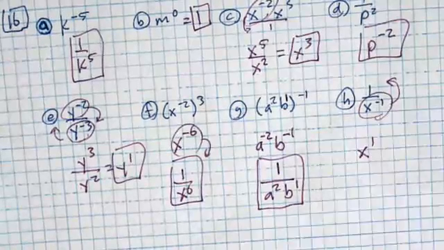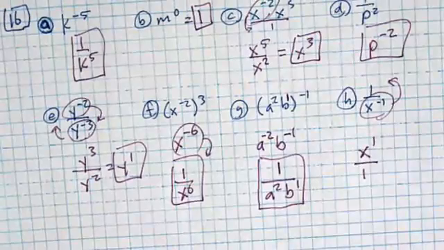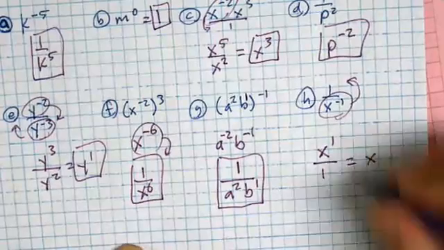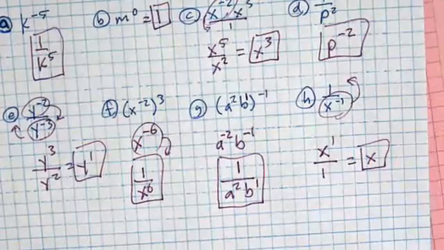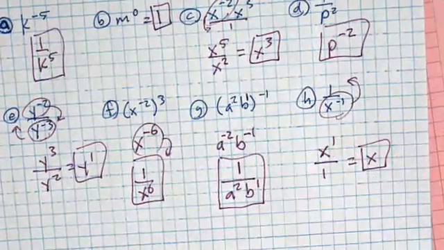There's nothing left on the bottom. We could write a 1 on the bottom, but we don't really need it. x to the 1 is just x. So the final answer would just be x. If you wrote it as x to the 1 over 1, that's technically correct. x is a little simpler though.